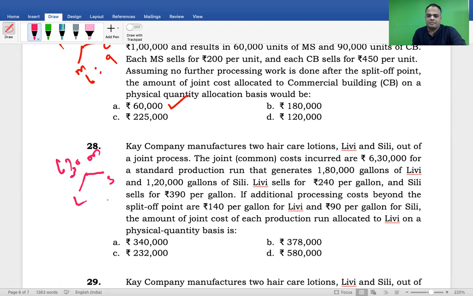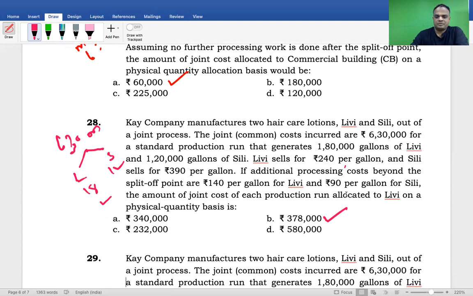What about the physical units? 180 for Livy, am I right? 180,000, or an 18:12 ratio? 18:12 ratio. Which product do they ask you to apportion? Livy, for 18. That gives 3,78,000 based on the physical unit method. Are you comfortable? Yes, sir. Okay, the total cost you have to apportion based on the number of units.